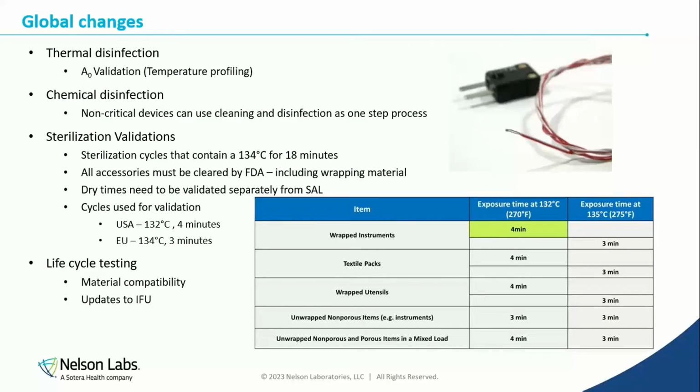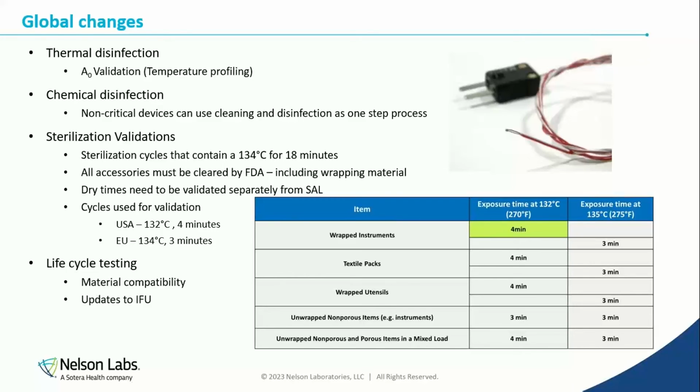Sterilization validations. Cycles that contain the 18-minute cycle, 134C for 18 minutes. A lot of countries do have these cycles for prions. Studies have shown that they do denature that protein, so they do use that in Europe. We don't do it here in the United States, but that is a parameter that some of the countries do use.